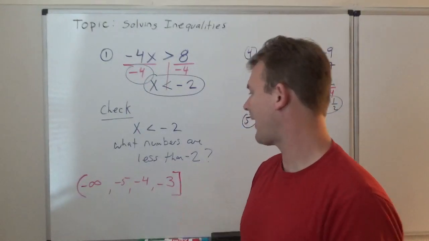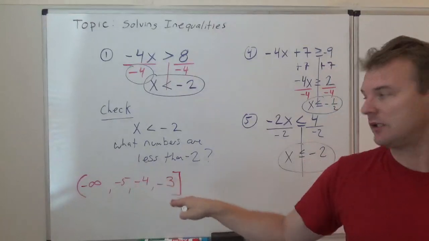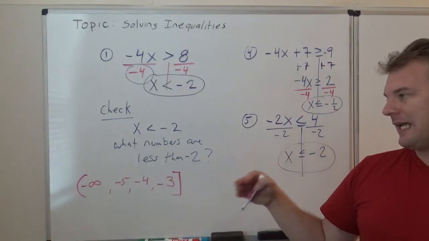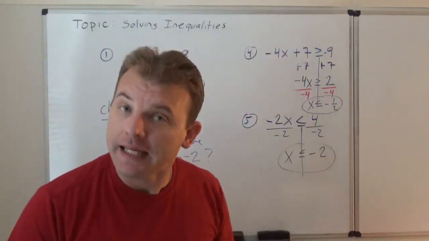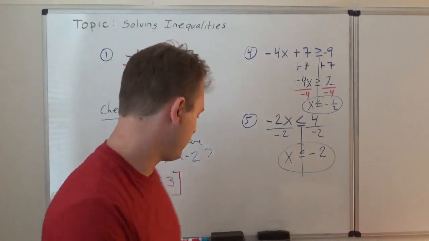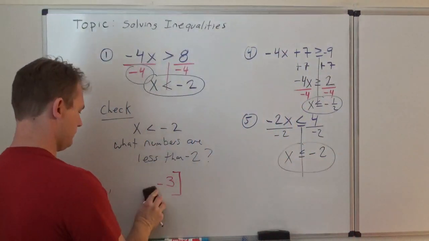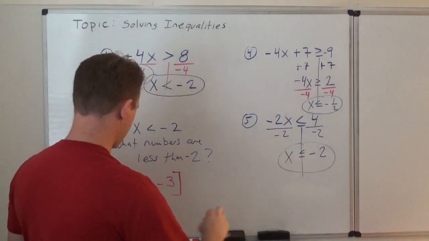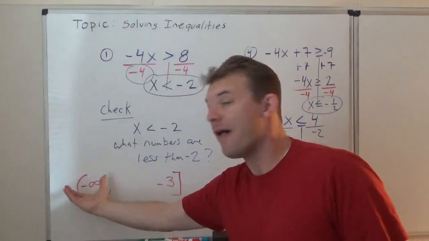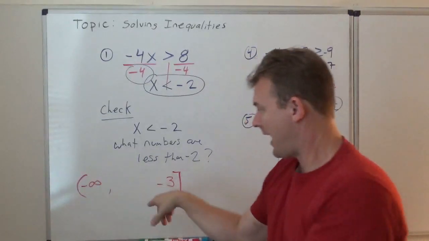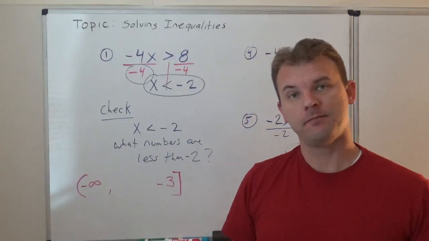Yes, we can. And there's where your interval notation, well, this is almost interval notation. I need to do one thing to make it interval notation. Take out the middle. And now if you put this together, that's your interval notation.